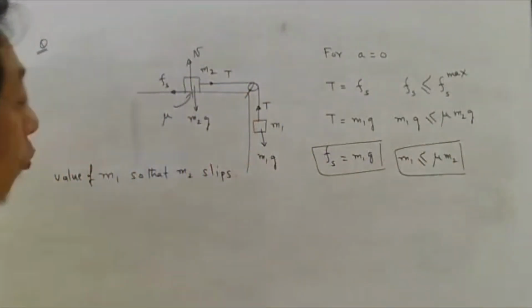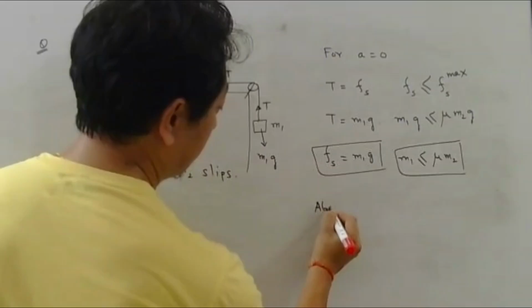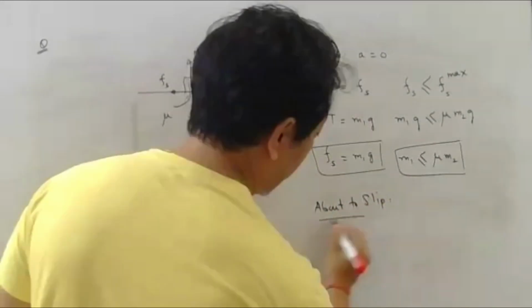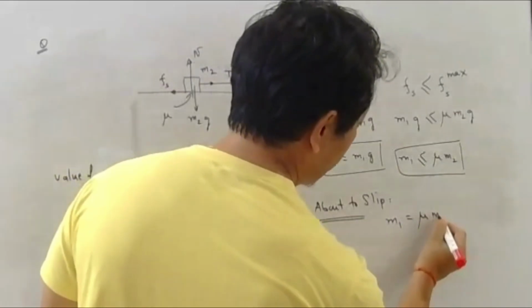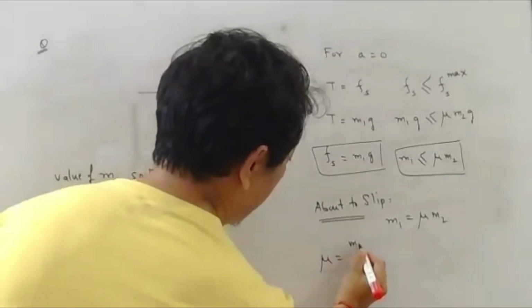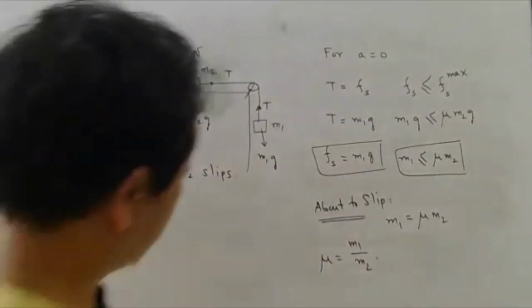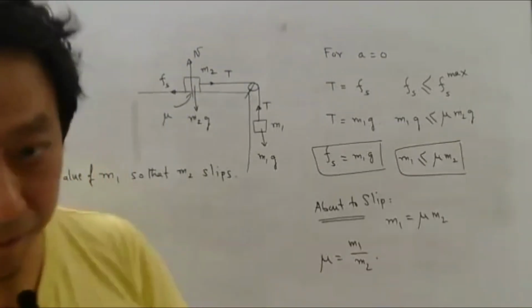When it is about to slip, this is called your critical point. That time you can write M1 is equal to mu M2, and therefore mu will be equal to M1 by M2. Now try to remember this result. So this is when the system is about to accelerate.